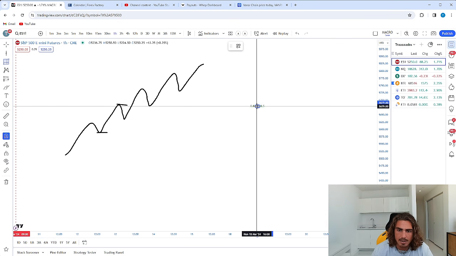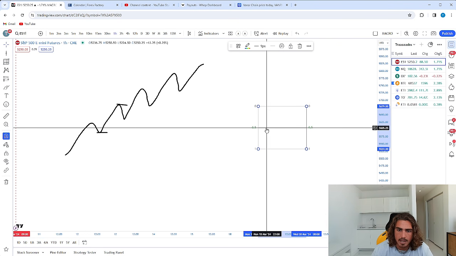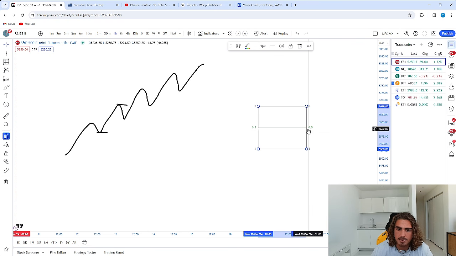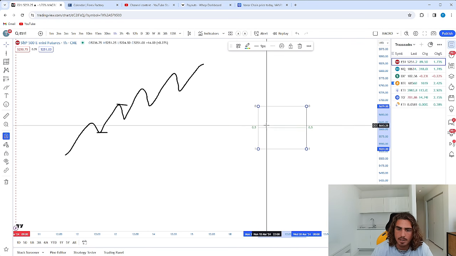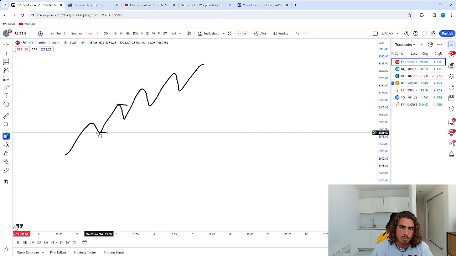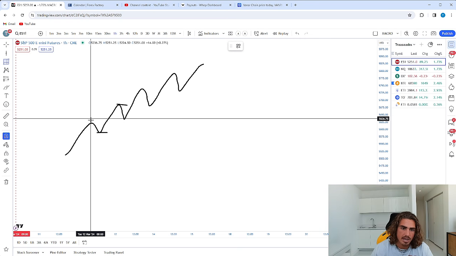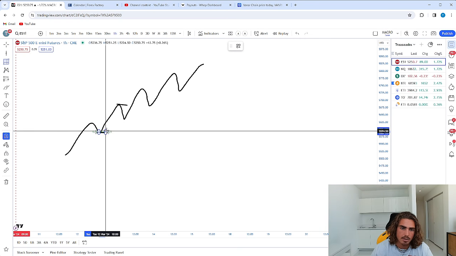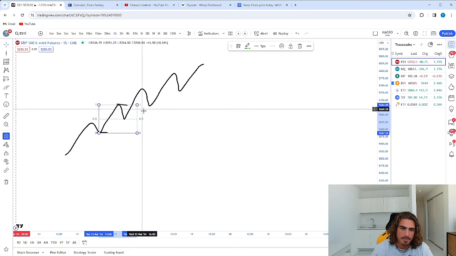Now, how do we identify this? I use the Gann box. It's literally identified by the 50% mark, or the halfway point, from the swing low to the swing high. So we take it from the low and just drag it up to the high.